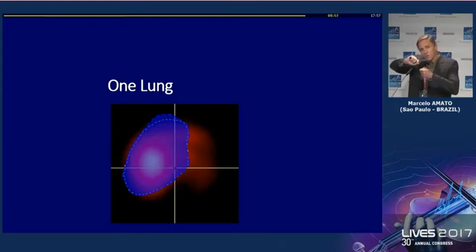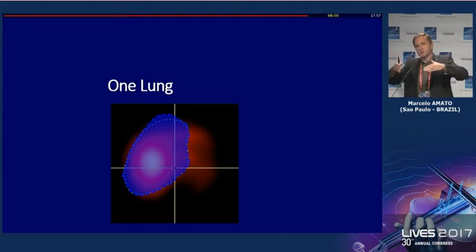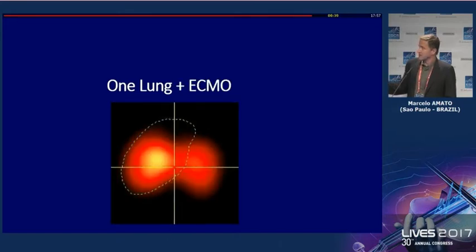But then we switched on the ECMO device. And now what is happening is that blood rich in oxygen is reaching the pulmonary vessels. We had the hypothesis that this would impair pulmonary vasoconstriction, and let's see what happened. This was exactly the case.